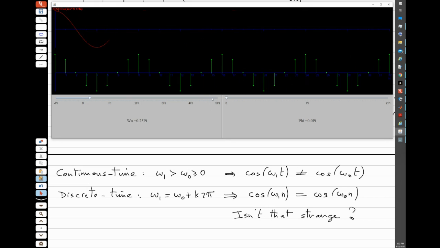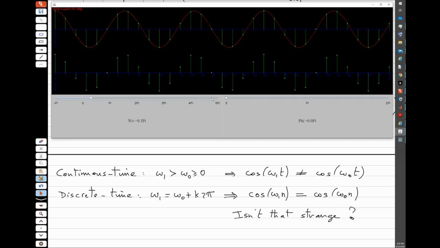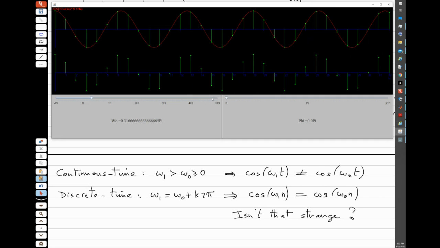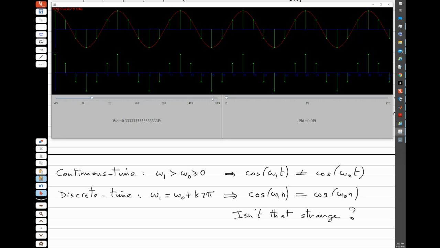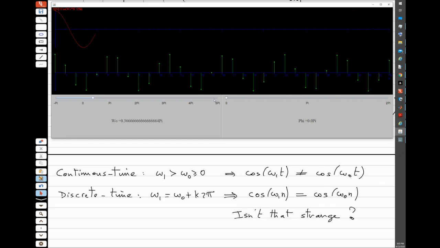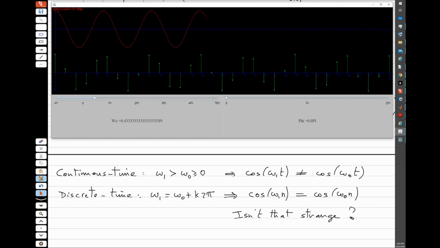You expect to see sinusoids that oscillate faster and faster. Now, if you look at the discrete time, you still recognize the sinusoid. That means even if you didn't see the red curve, you would guess it from the sequence. So it keeps on increasing.